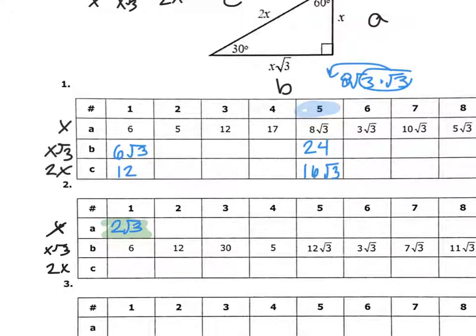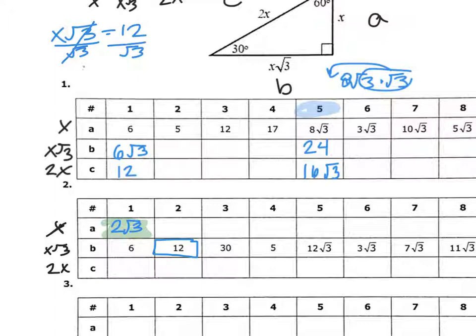Okay, so I know x square root of 3 has a value of 12 because that's what I have in my next problem set here. Solving for x, we divide both sides by the square root of 3, what we did yesterday.